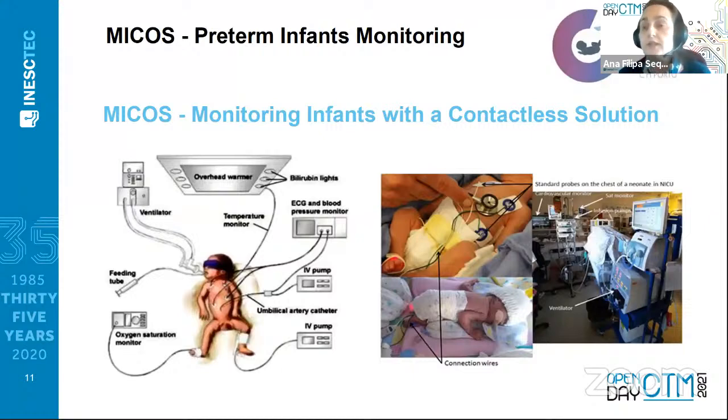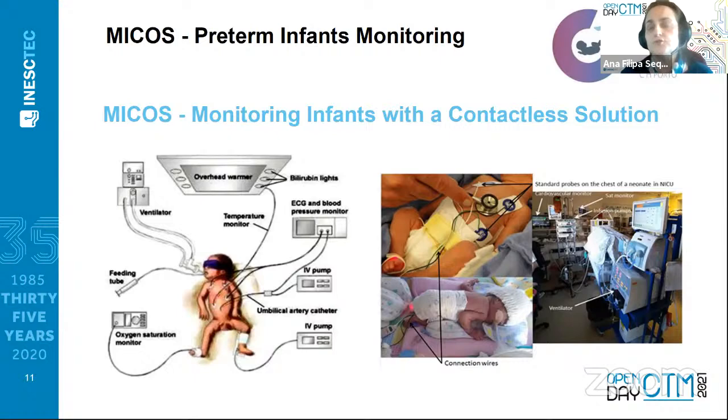Another example we have is the Mikos project. Here we have a very delicate situation of very vulnerable patients, and this is an example of how to monitor not the identity but the well-being of an individual.